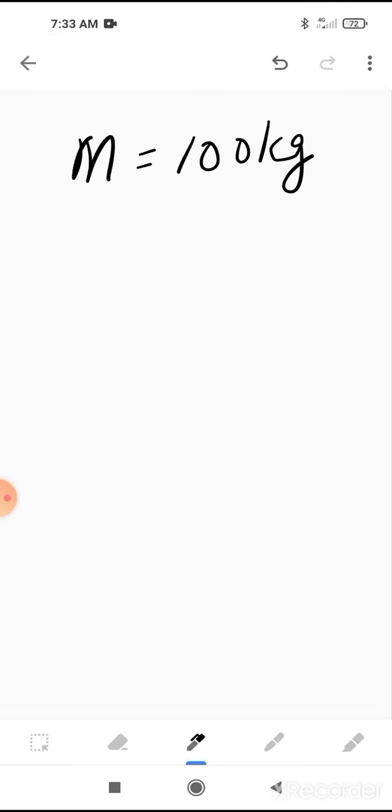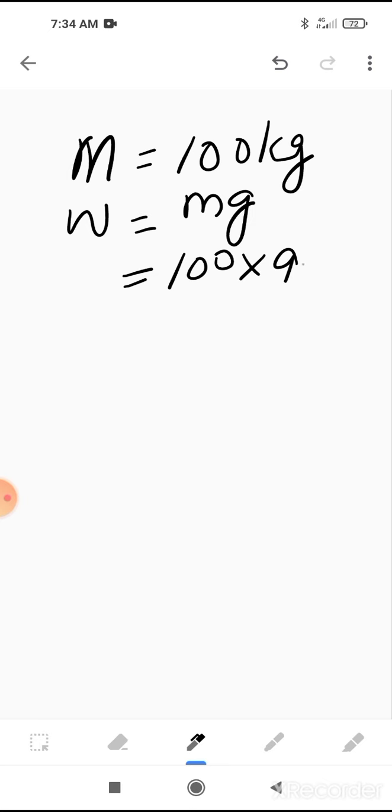M is equal to 100 kilogram. Then what is the weight of water? Weight formula is M into G. M is 100, G is 9.8. So 980 Newton. That is the weight of water.